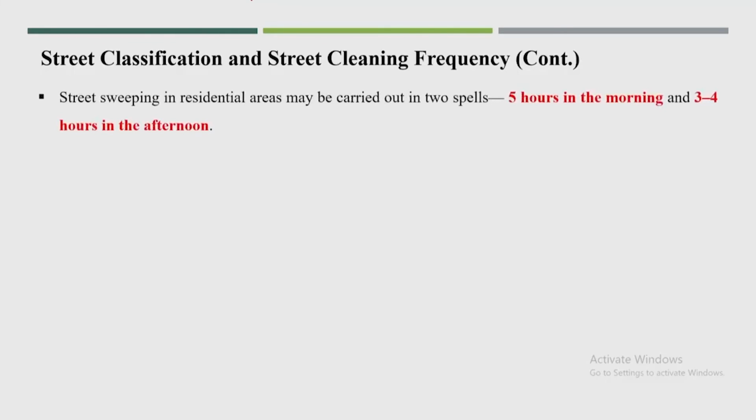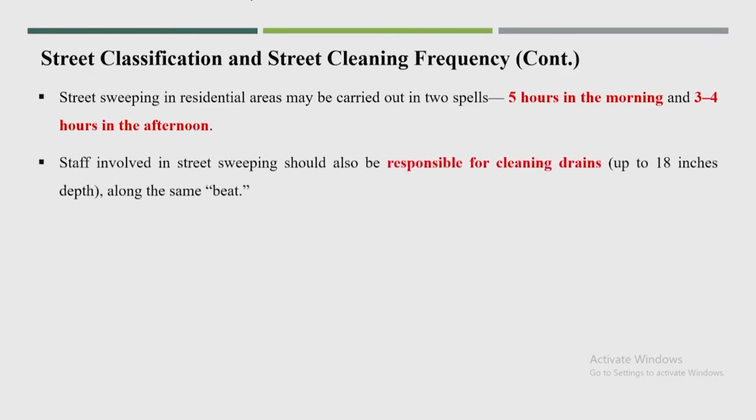Street sweeping in a residential area may be carried out in 2 spells, 5 hours in the morning and 3 to 4 hours in the afternoon. Staff involved in street sweeping should also be responsible for cleaning drains up to 18-inch depth along the same beat.